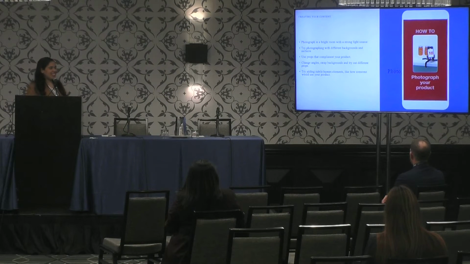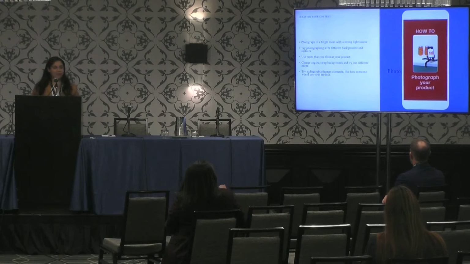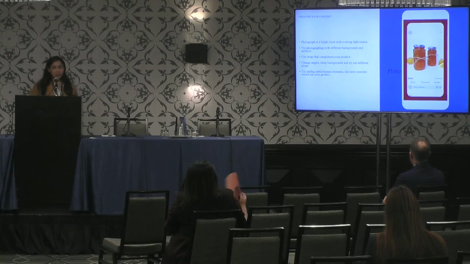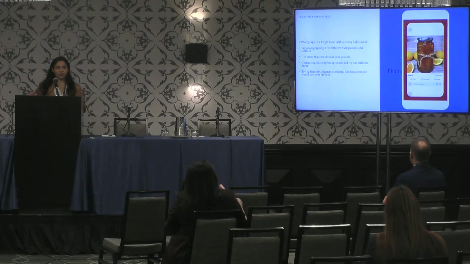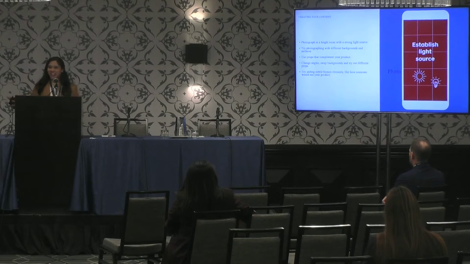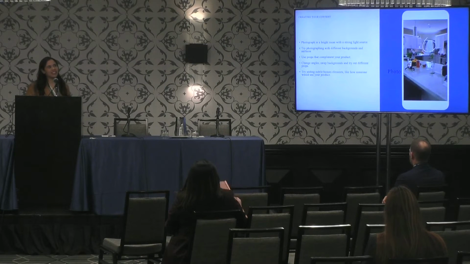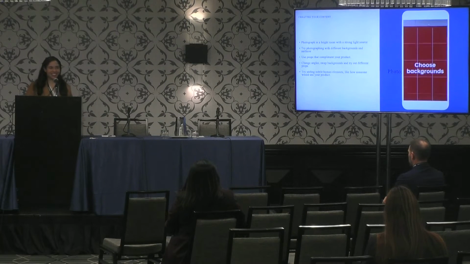As you're creating this content, you'll probably be taking a lot of photos. So here's a few tips to help you create the best possible images you can for your business. You want to remember that a light source is really the most important component of content creation. Whether we're talking video or photos, having a natural light source will always look amazing. So don't worry if you don't have a fancy ring light.